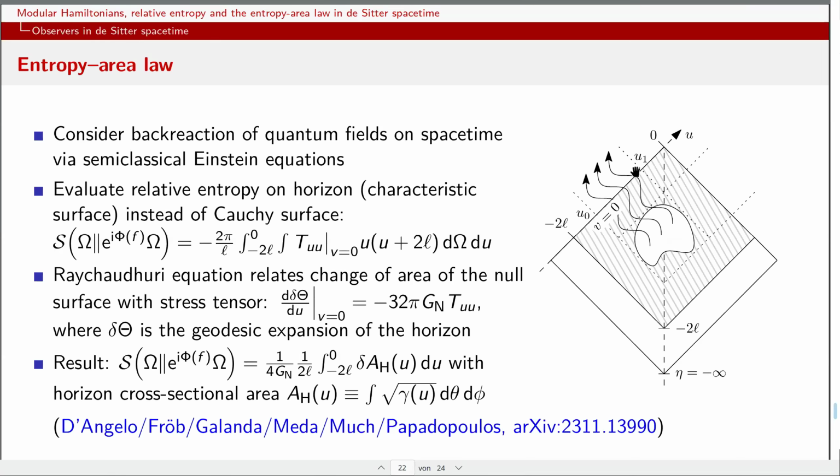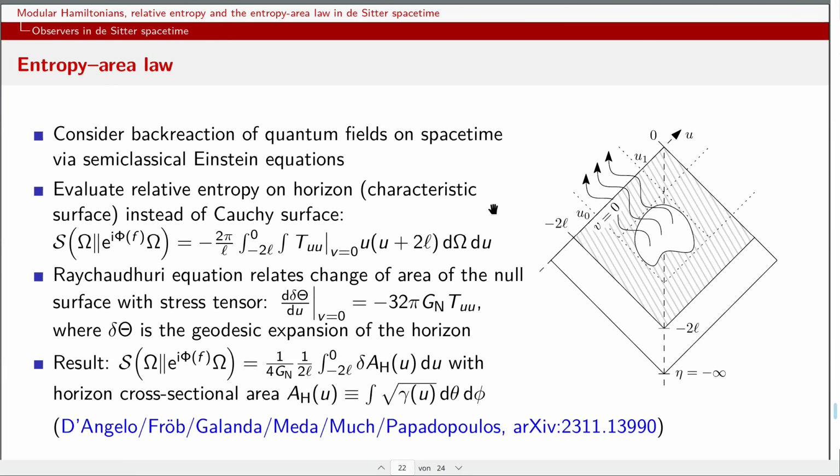At some point, the fields will reach the future cosmological horizon. As they pass the horizon, via the semi-classical Einstein equations they will backreact on the geometry and change the area of the horizon. So that means that we should be able to derive a relation between the entropy of these fields here and the change of the horizon that they engender when they propagate.